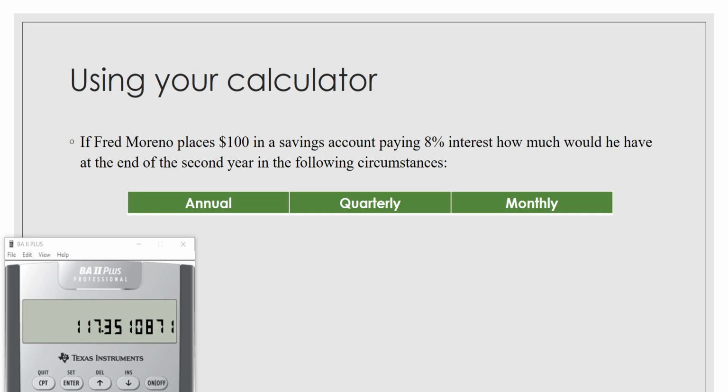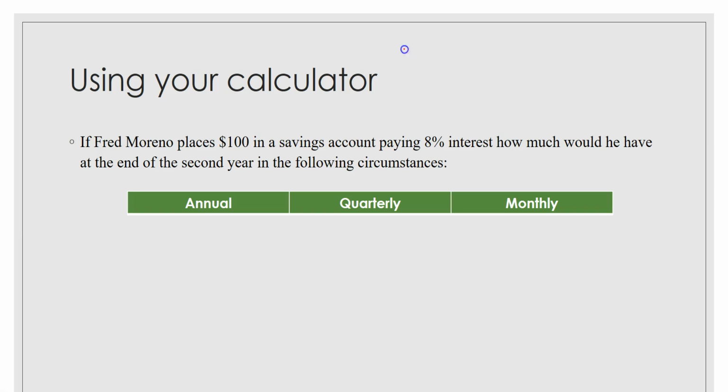So let's first discuss the inputs and how they're going to change based on compounding frequency. So when we looked at the formula, remember the formula said that the future value is equal to the present value times 1 plus r divided by m raised to n times m, years times compounding frequency. So you see in the formula there are only a couple of items that change.